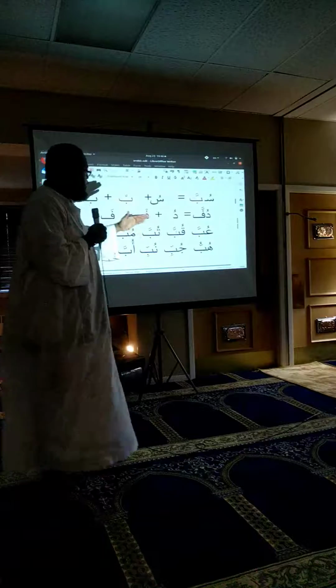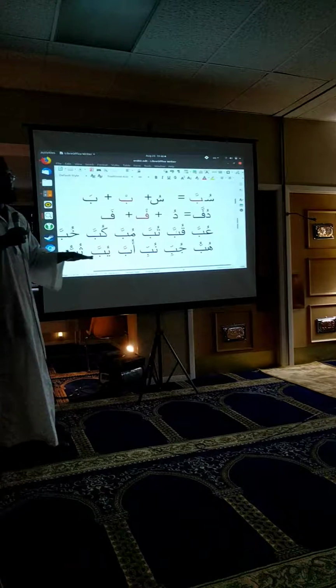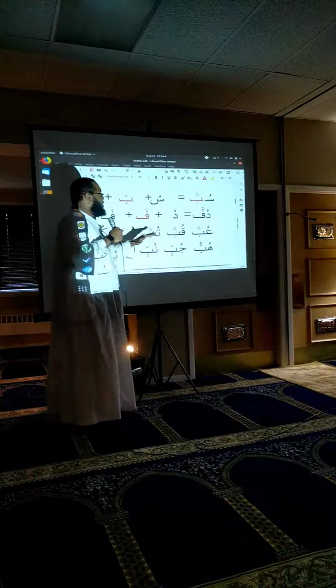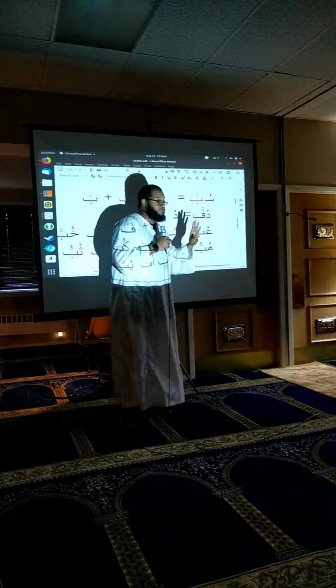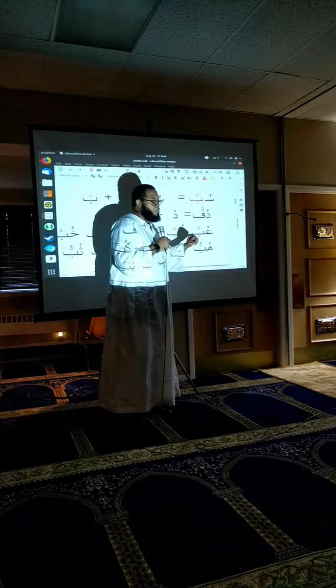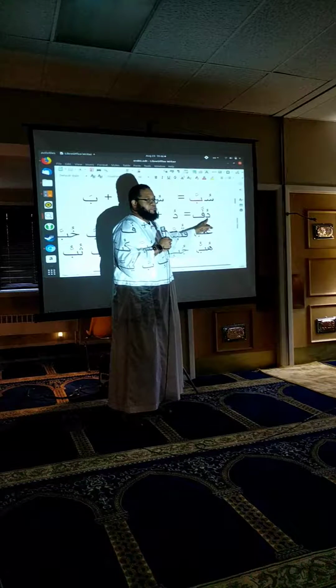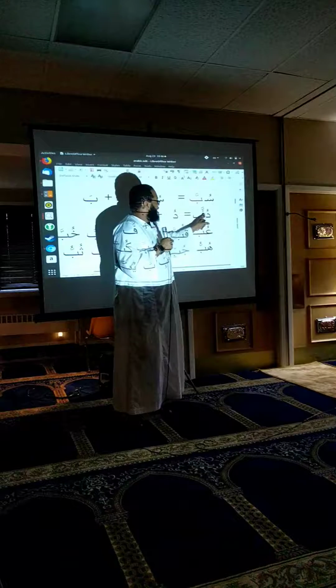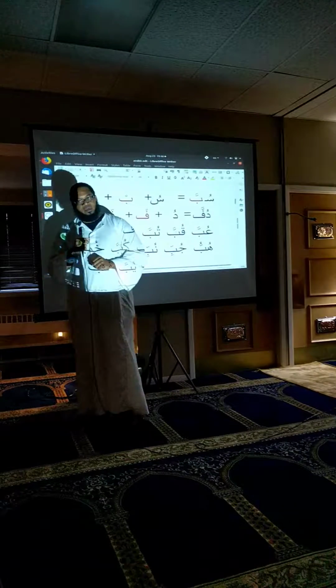Okay, so let's look at another example. The same thing, different letters. Here we have the first letter being a what? A dal with a dhamma, and the second letter being a fa with the shadda, and above the shadda is a fatha.